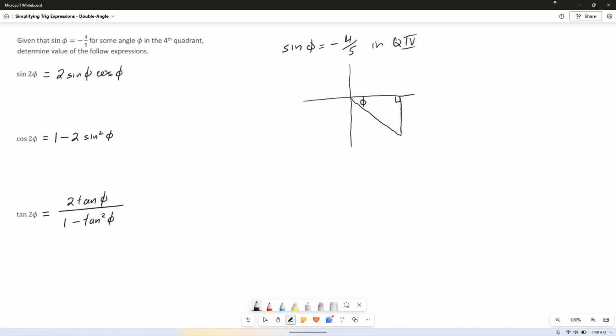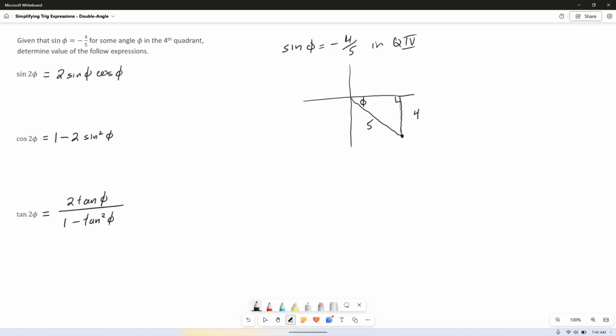So we have this right triangle. The hypotenuse comes straight out of the origin from angle phi. The opposite side is the vertical side, and the adjacent side is along the x-axis. Now, if sine is negative 4/5, that means that the opposite side has to be 4, and the hypotenuse has to be a 5.